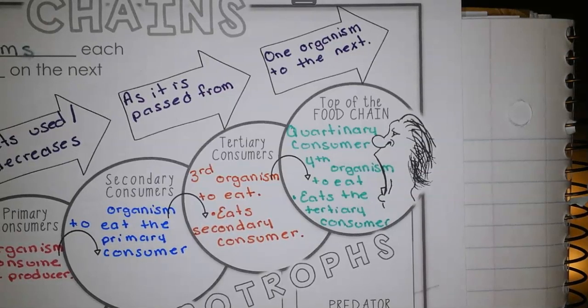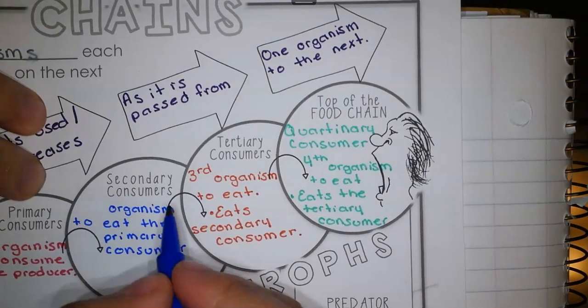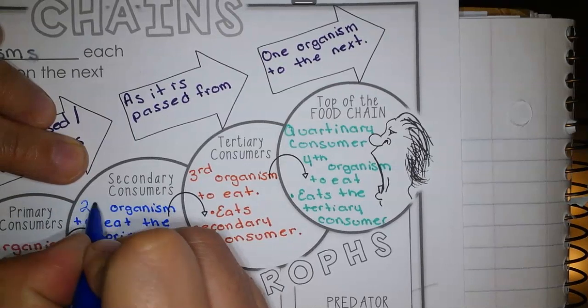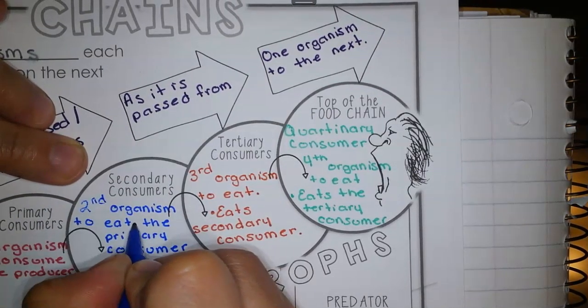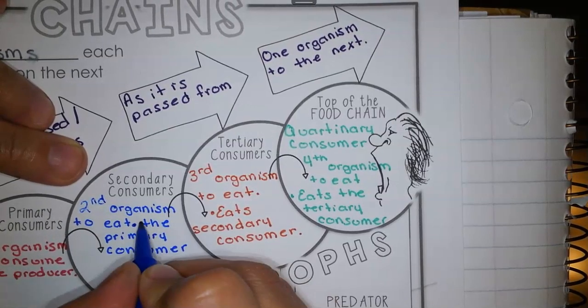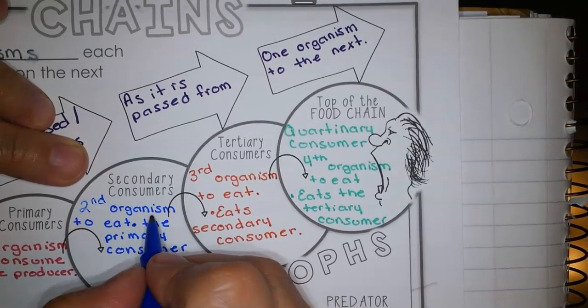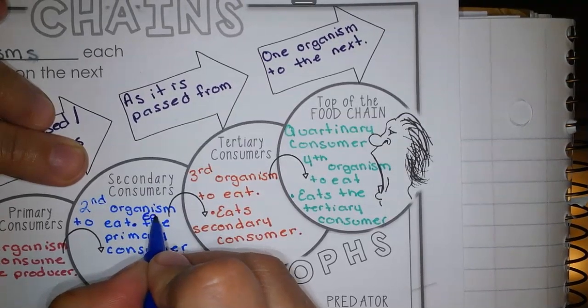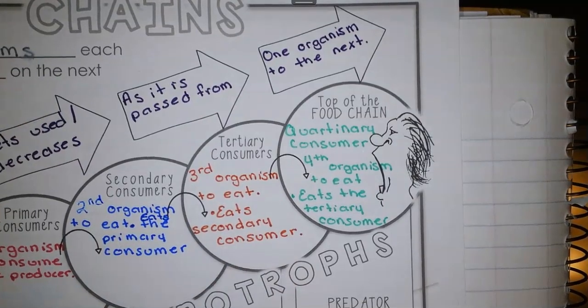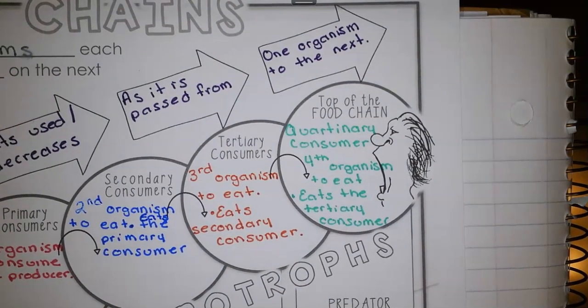In the food chain that I'm talking about, of course, an eagle or a hawk would eat the snake. In the secondary consumer, I wrote first organism to eat. It is the second organism to eat, and it eats the primary consumer.